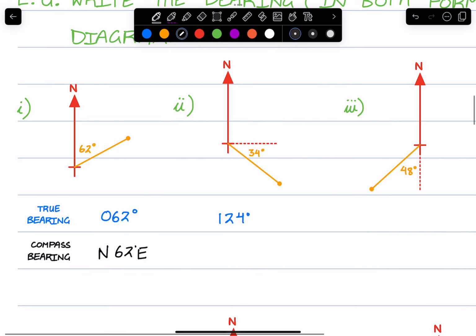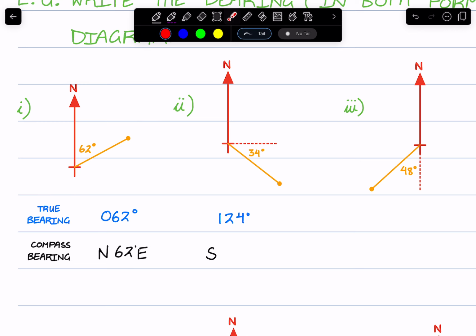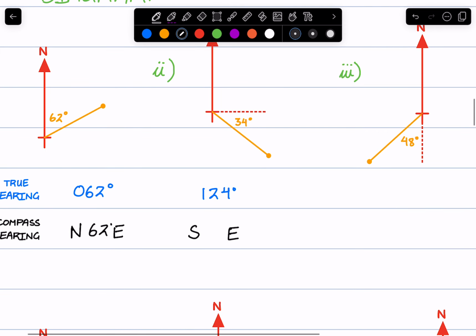So because it's closer to south, it would be south. And then from south, we're turning towards the east. So south something east. And so now we need to imagine that we are facing south, and we need to turn in this direction.